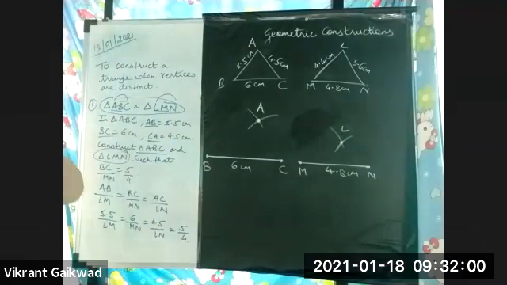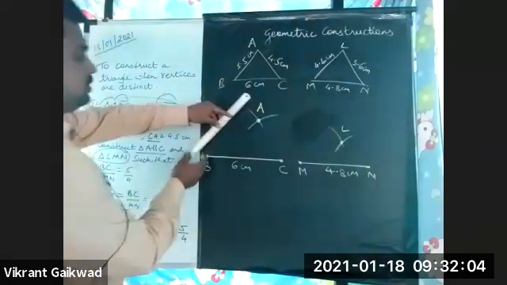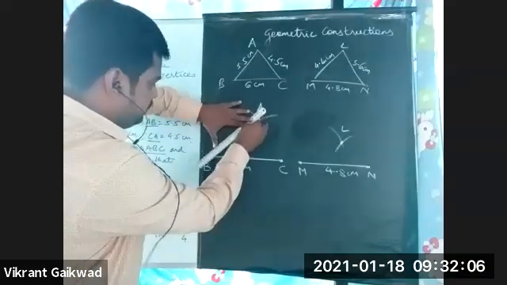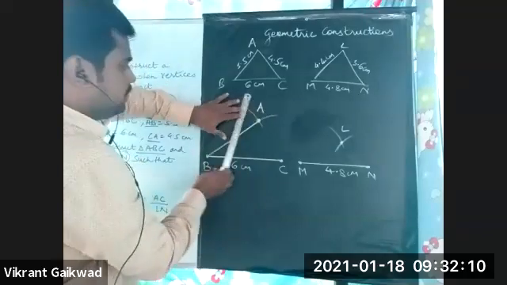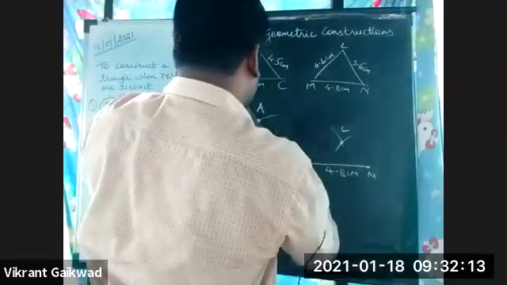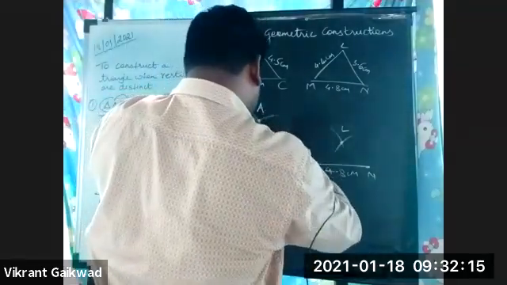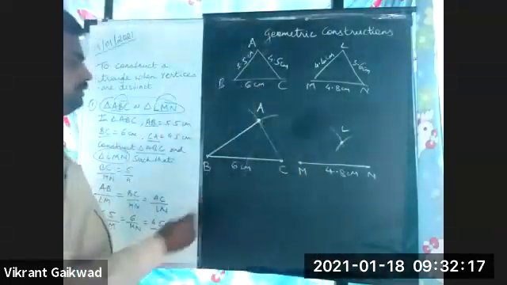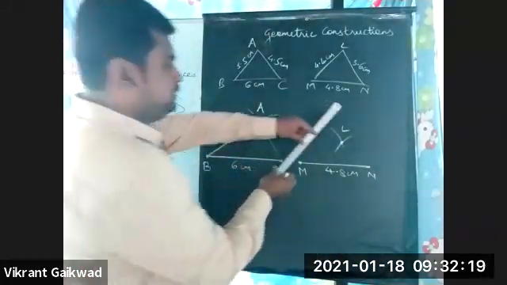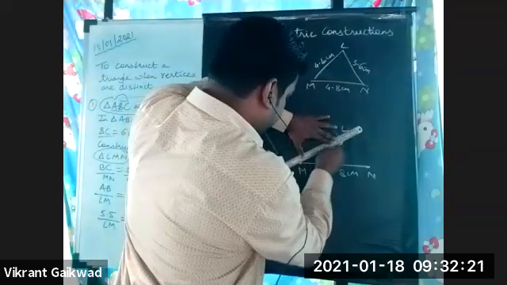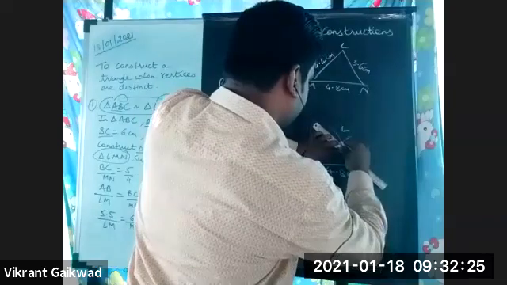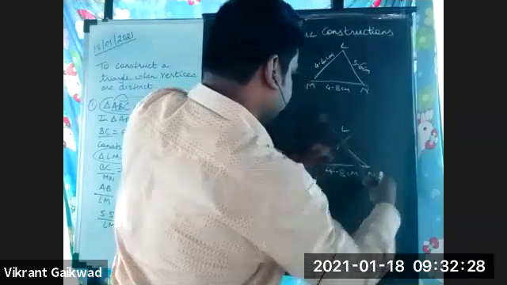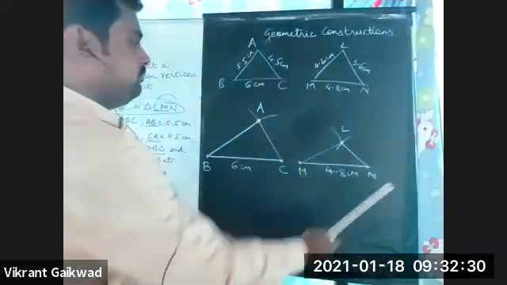You've got all the vertices now with you. So just now join those. See, I'll join this A with B and C. So I'll get triangle ABC. I'll join L with M and L with N. So this is triangle LMN.